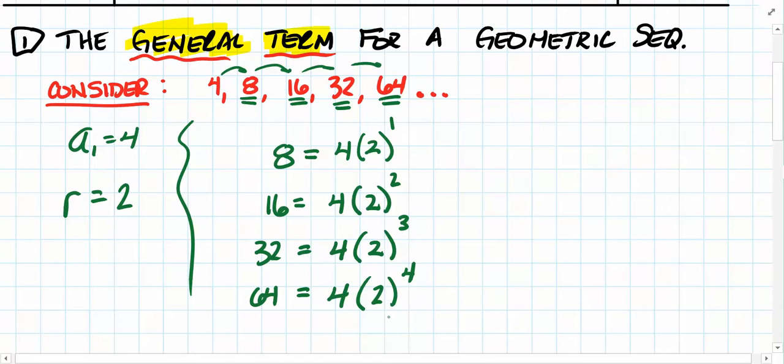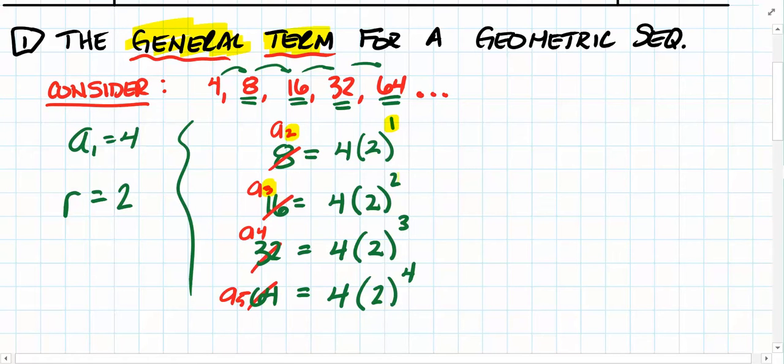Now remember, this is the same thing as a sub 2. This is the same thing as a sub 3. This is the same thing as a sub 4. This is the same thing as a sub 5. So do you see a connection between the subscript and the exponent?